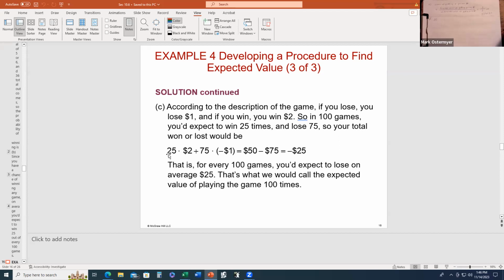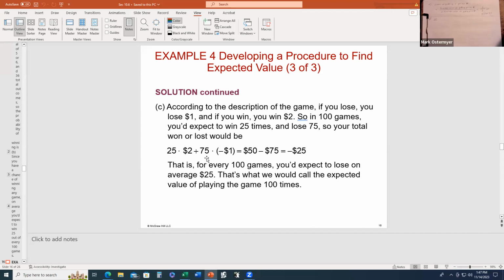And notice that if we played this game 100 times, we would expect to win 25 of the 100 games based on what we did in the previous problems. In other words, we would expect, ladies and gentlemen, to win. If we win 25 out of 100 games, we'd expect to win 25 times $2, or we'd expect to win $50. Because remember, when we win, we win $2.